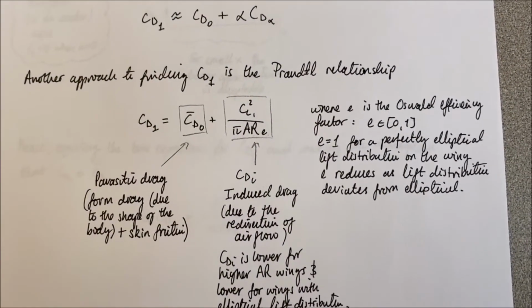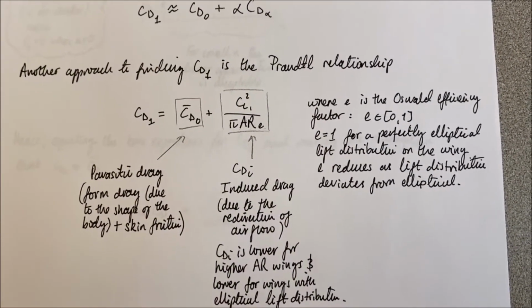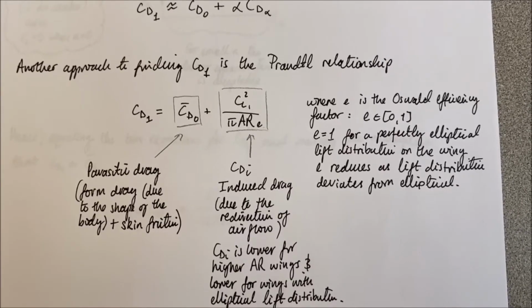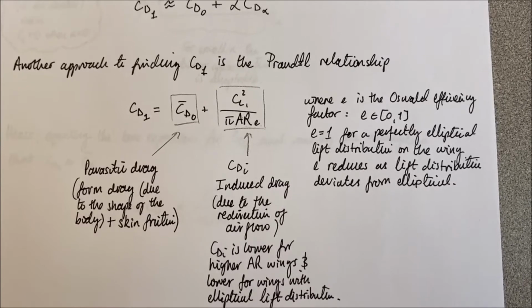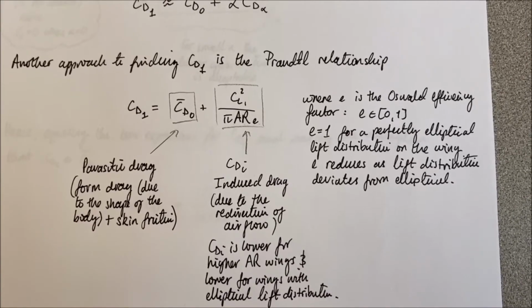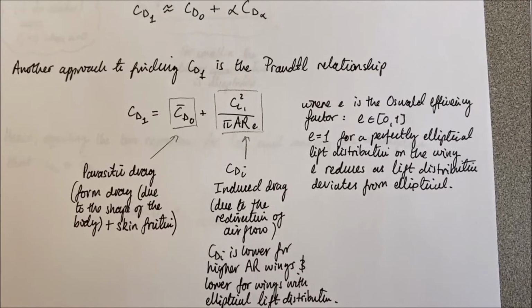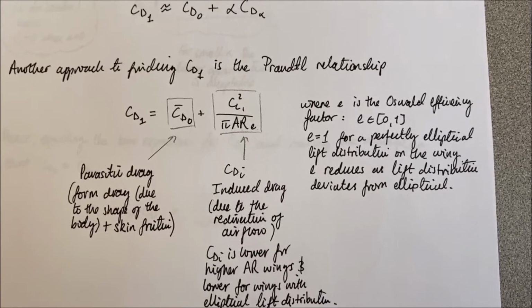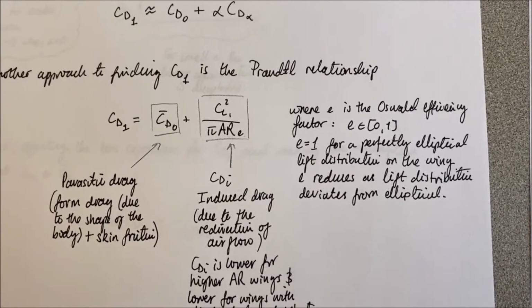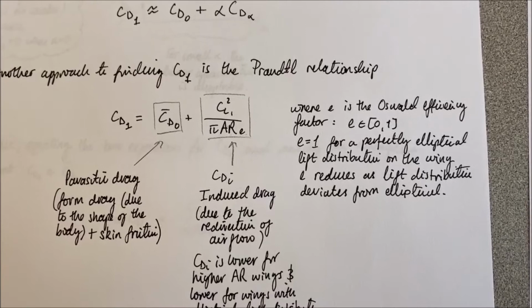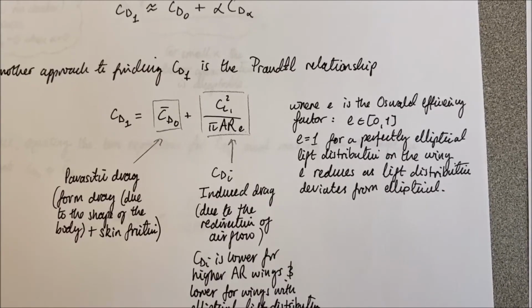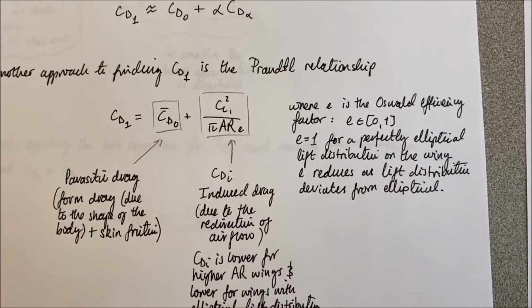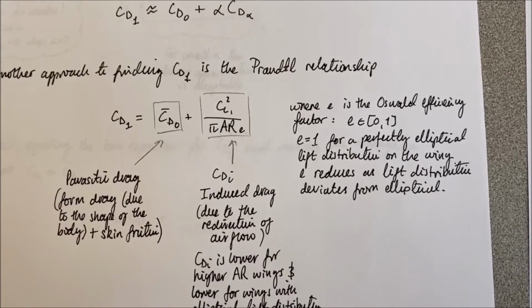And that is a value between 0 and 1, depending on how close the lift profile of the wing is with respect to a perfect elliptical lift distribution, right? So for a perfectly elliptical lift distribution, the Oswald efficiency factor is 1, and then it reduces as the lift distribution deviates from an elliptical shape, right?